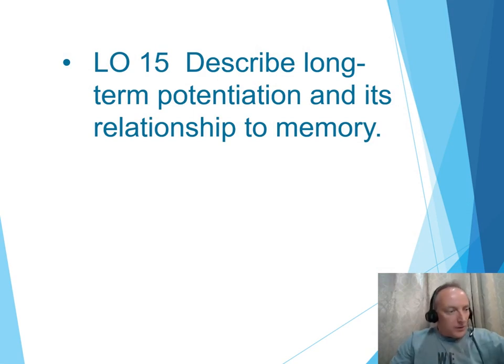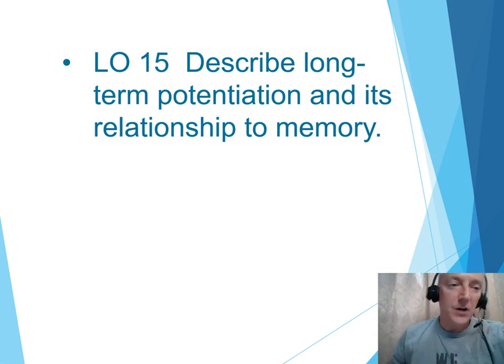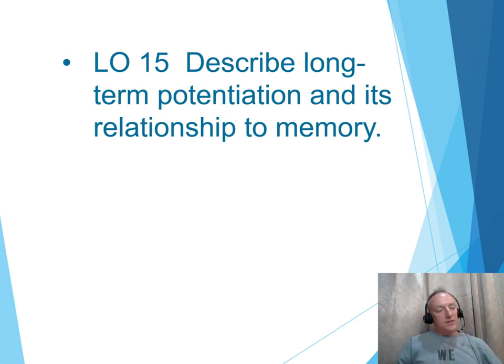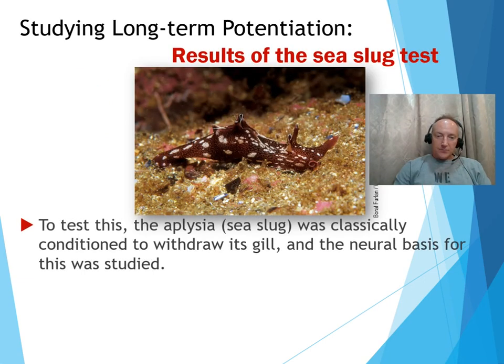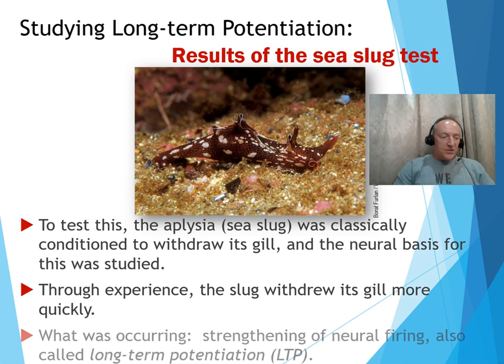Now, the final objective is to understand what is the neurological basis for memory, and that's what's known as long-term potentiation. Long-term potentiation was first studied with a very simple animal, the sea slug.